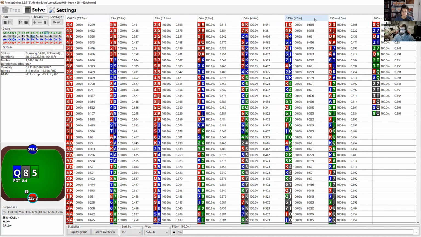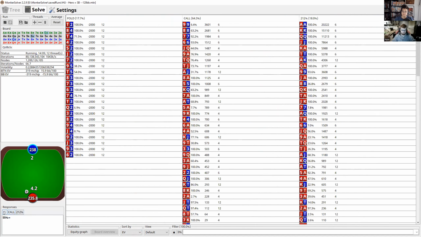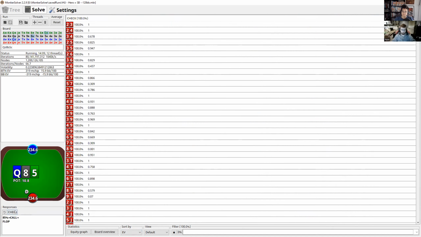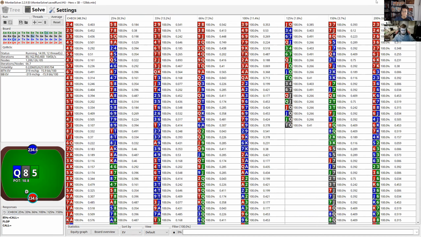You see it was 150, 125, 100, and then this is the big size. I got some 200 on Queen-five, which is something I would expect, but yeah, there you go. When you get the flop one, it'll be more accurate.